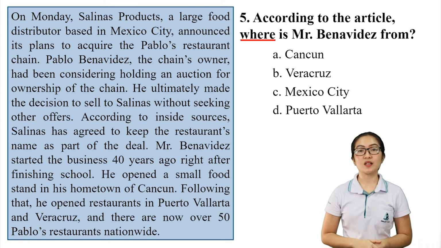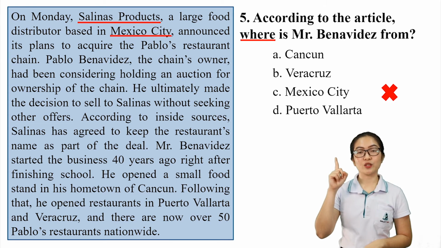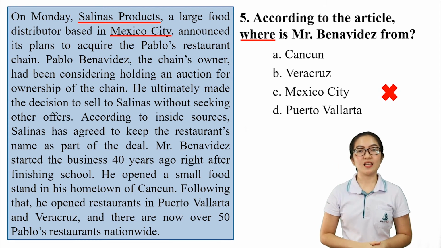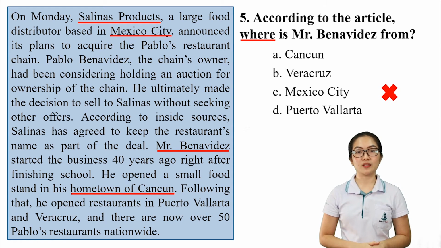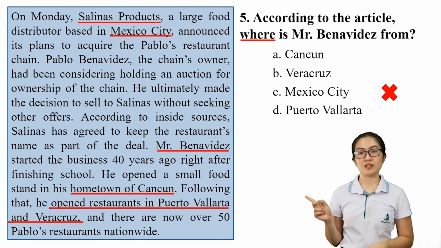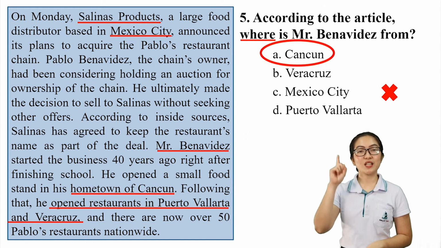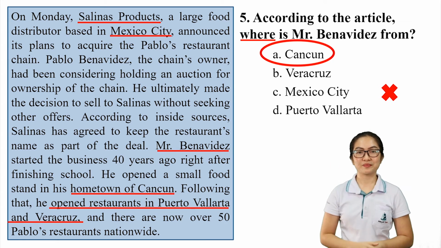First is Mexico City, but it's where Salinas Products is based, so letter C is not correct. Second is Cancun, which is Mr. Benavides' hometown. Puerto Vallarta and Veracruz are where he opened his new restaurants. Clearly, the correct answer is letter A, Cancun.